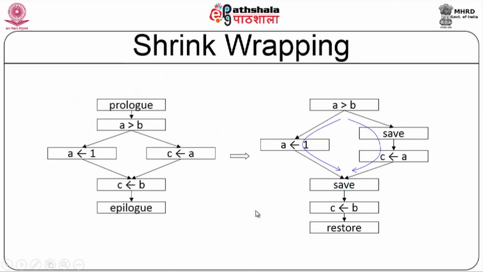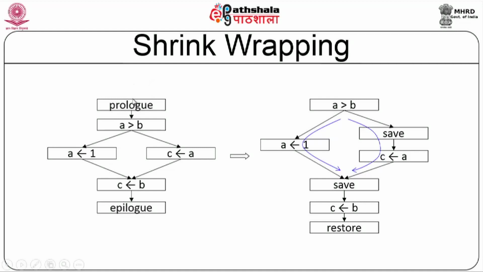For example, here this is the body of my loop. Here I have a greater than b, and I assign a equal to 1. Then I assign c the value of a, and then I assign the value of c equal to b, and then I have my epilogue here. So, what do I do?